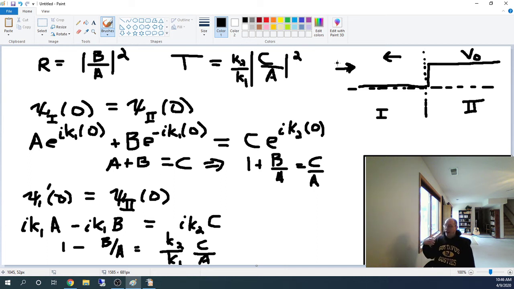If it gets over the energy, it'll just escape. If I miss the wall, it'll leave and just keep going. But if it hits the wall and bounces off, then it'll come back. So classically speaking, you wouldn't get this situation where some are transmitted and some are reflected.